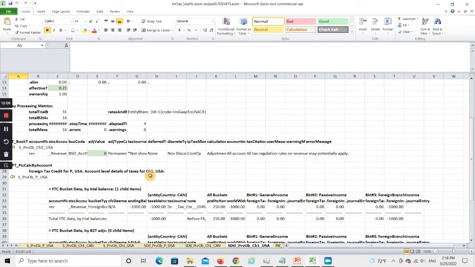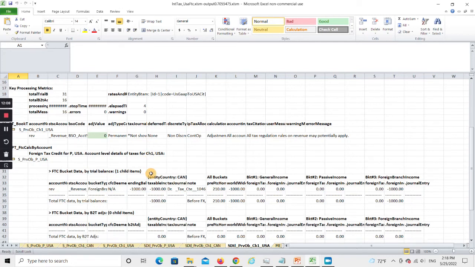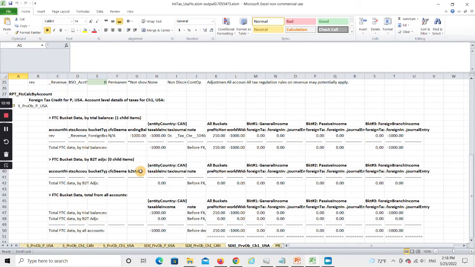Now, this account level detail is calculated account by account. Each account contributes potentially to each of the buckets. In our case, it only contributes to the foreign branch bucket.